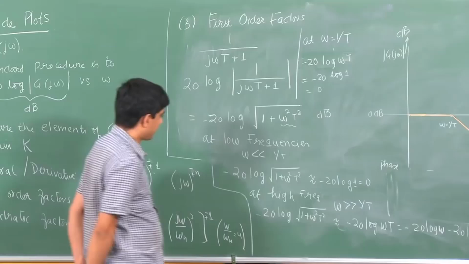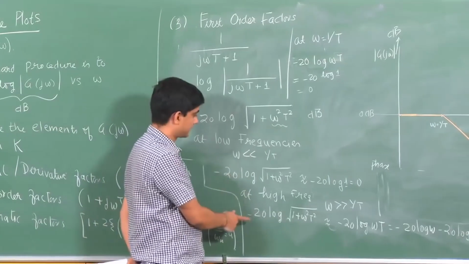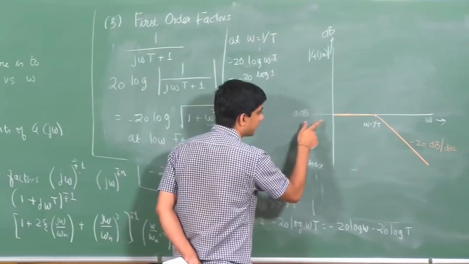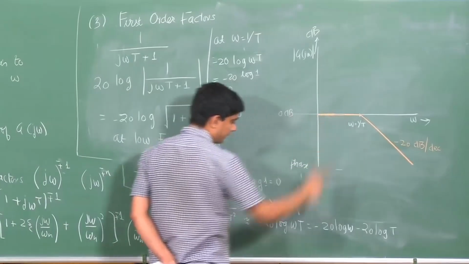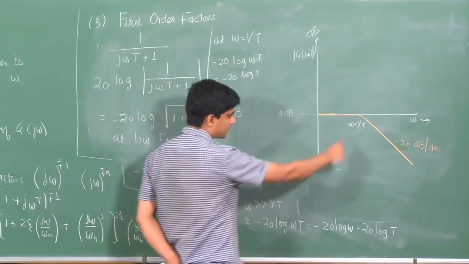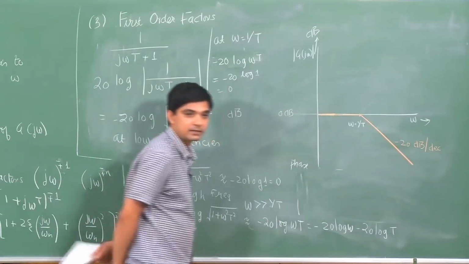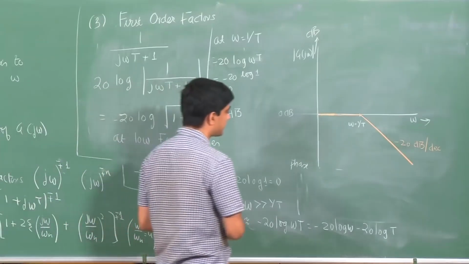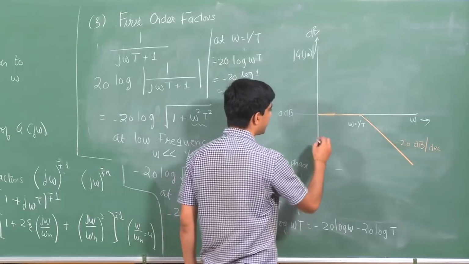Well, I am just making some approximations here. I am just starting at very low frequencies, and I say I am just at the 0 dB line. I keep on continuing, and at higher frequency range, I am going down at minus 20 decibels per decade. And you can say that the plot can be approximated by two lines, right.